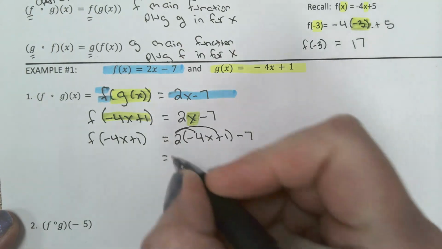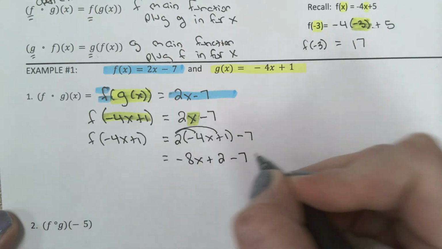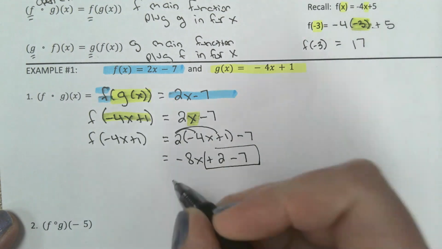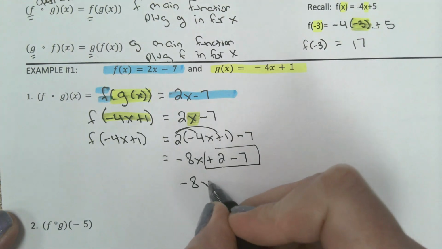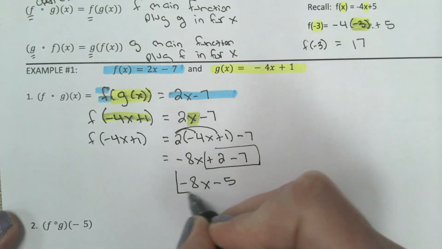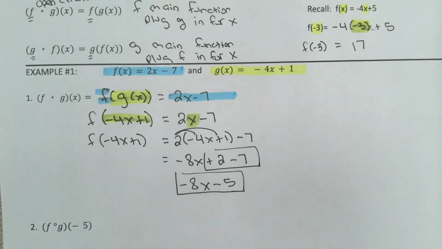Distribute the 2, so I get negative 8x plus 2 minus 7. I'm going to combine like terms, and I get negative 8x minus 5. That is how you compose functions when you stick one inside the other.